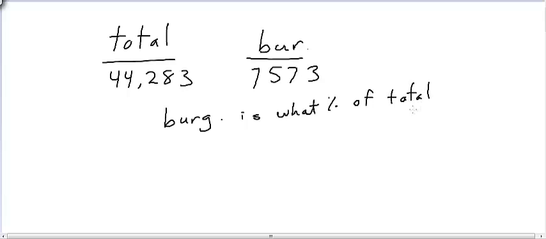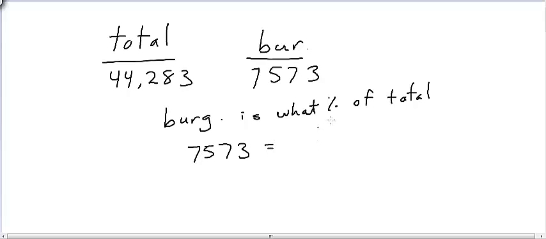And again, the question is, burglaries are what percentage of total crimes? So I'll set it up as my equation. Burglaries, I'll abbreviate, is what percentage of the total amount of crimes. So let's put in the numbers. Burglary is 7,573.